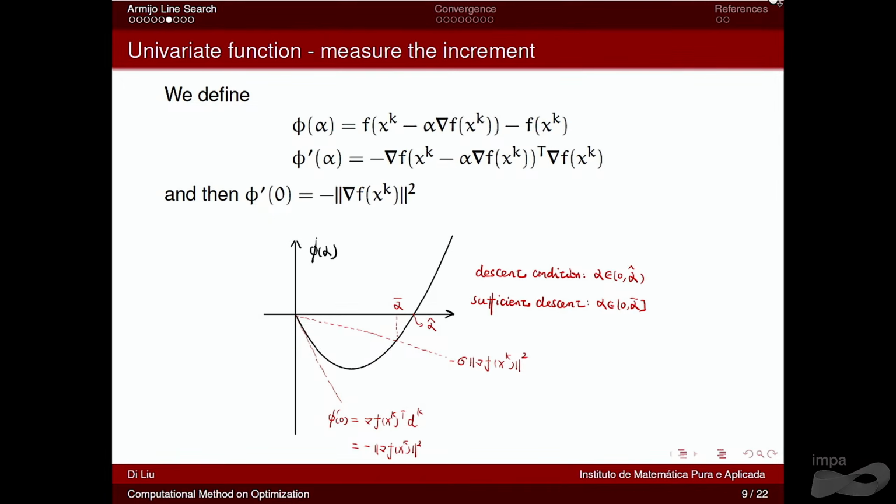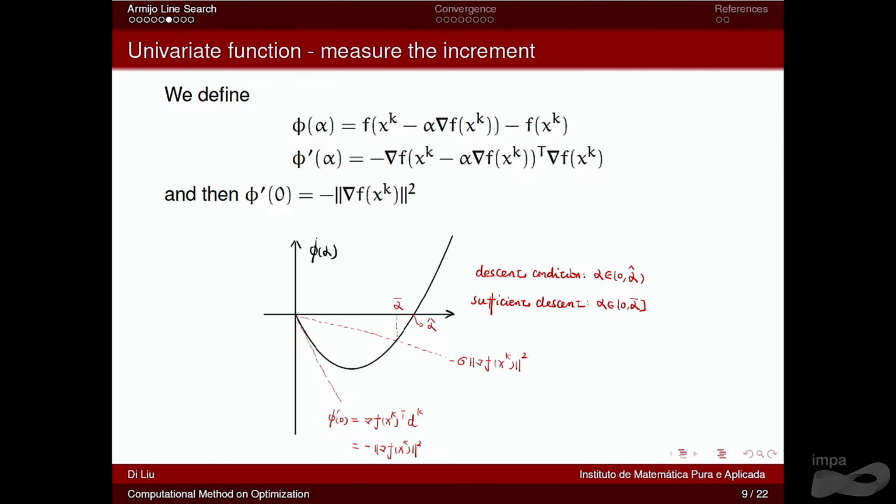Let's go back to the graph of this function which measures the increment. We define this point alpha hat, which is the intersection of the graph of phi(alpha) with the x-axis.